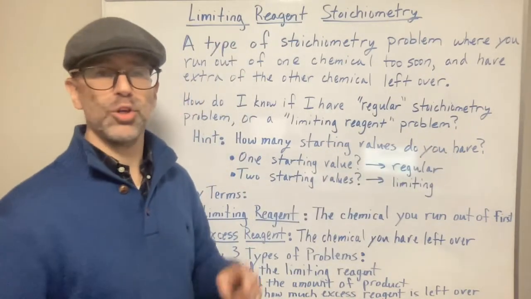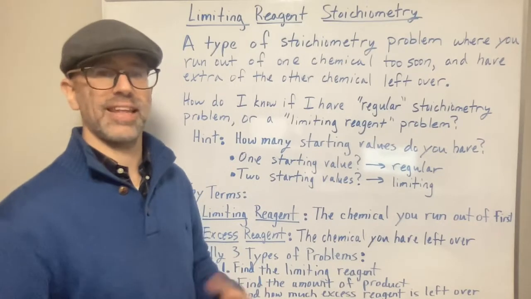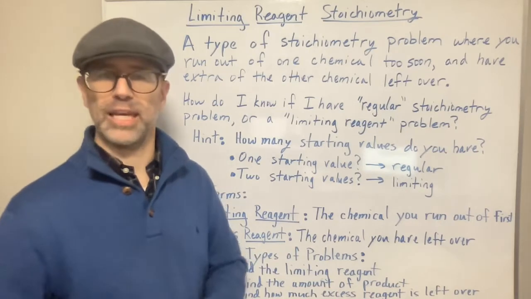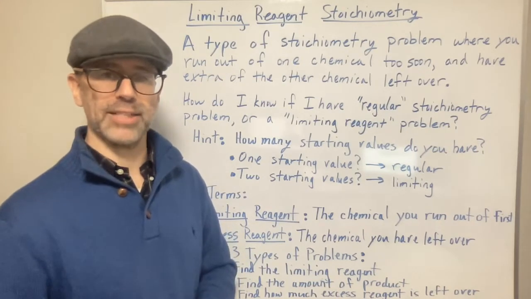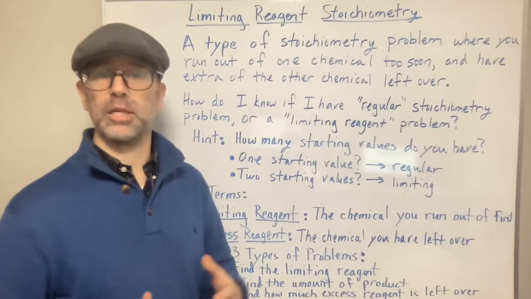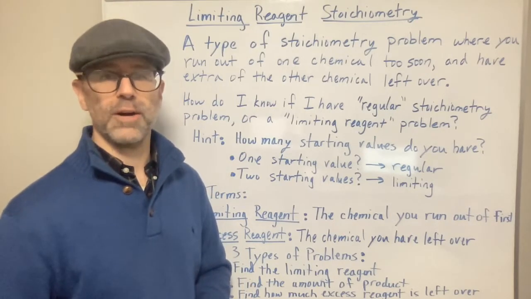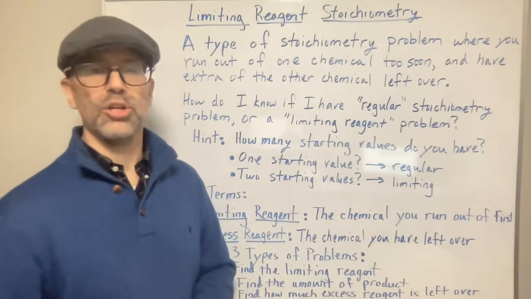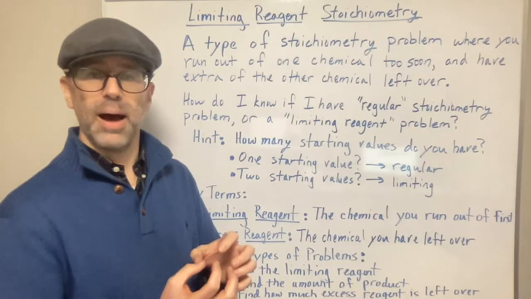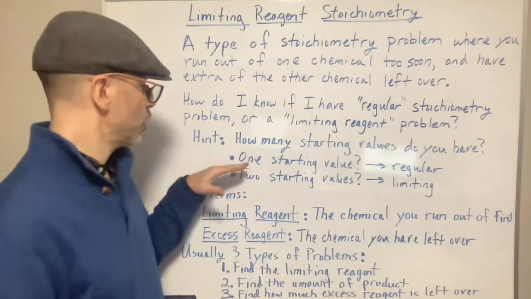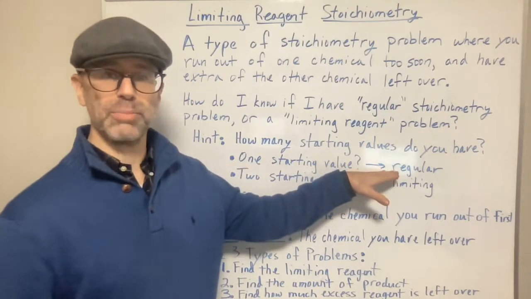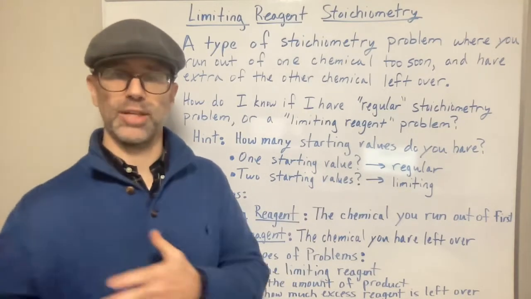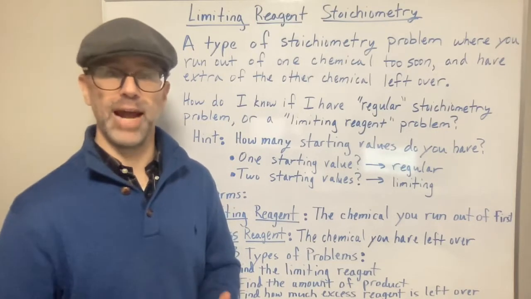If they give you one starting value, so let's say they give you the number of grams of one of your reactants, but they don't give you any information about the other reactant, or maybe they say it reacts completely with the other reactant, or the other reactant is in excess, or something like that. Usually you're only given one amount of the substance. In that case, you have a regular stoichiometry problem. So you just take the amount that they gave you of that one reactant and you calculate the amount of product made from that reactant.